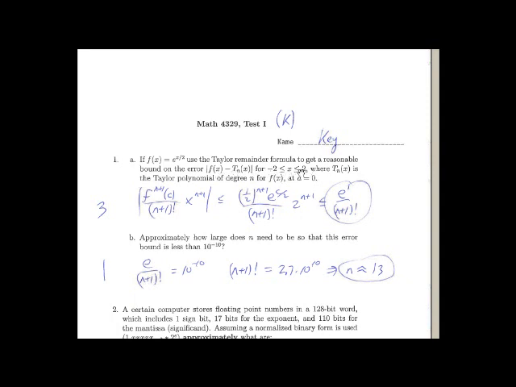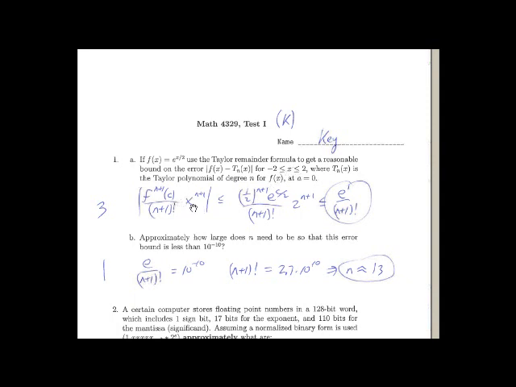So if x is in the interval minus 2 to 2 and we're expanding around a equals 0, get a bound on the error. Well, you just need to know the Taylor remainder formula: for Tn, it's going to be the n plus first derivative at some unknown point over n plus 1 factorial times x minus a to the n plus 1. Well, a is 0, so x to the n plus 1.